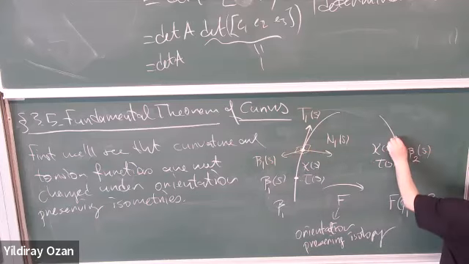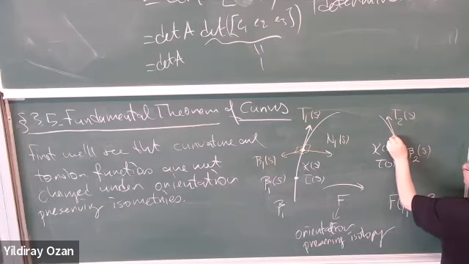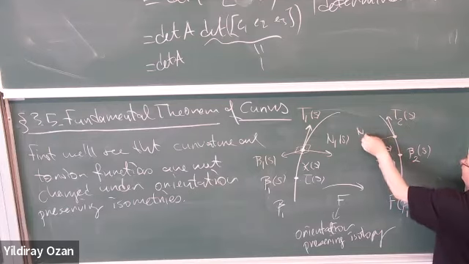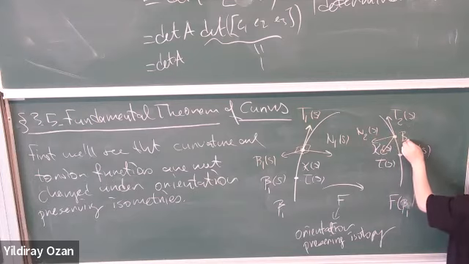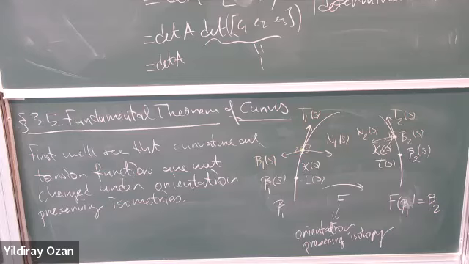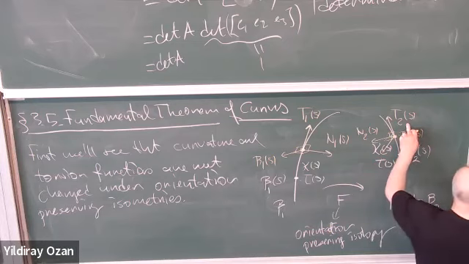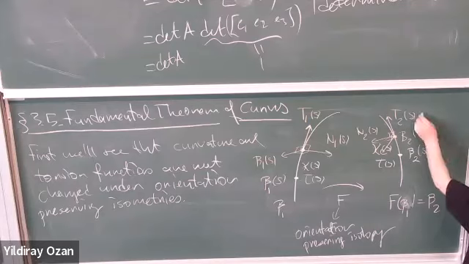And this is T2 of s, N2 of s, and then let's say B2 of s. Okay. And what we have seen is that this is nothing but the derivative of F applied to this gadget. So this is just F star at beta 1 of s times the tangent vector.